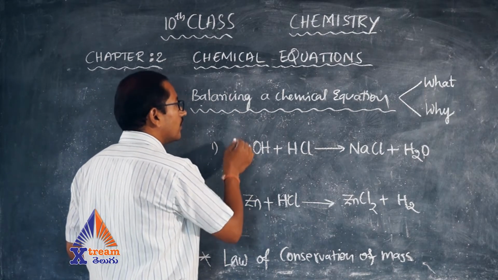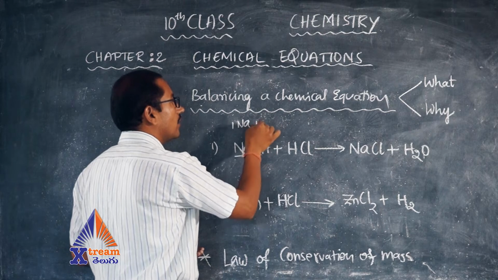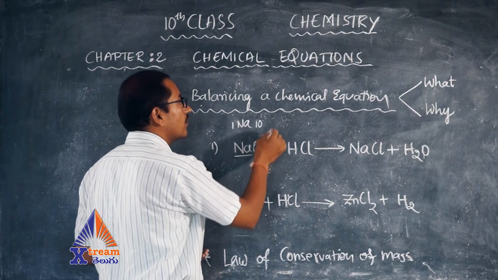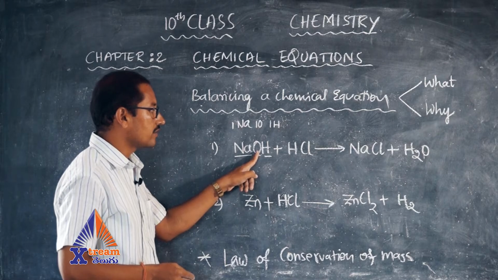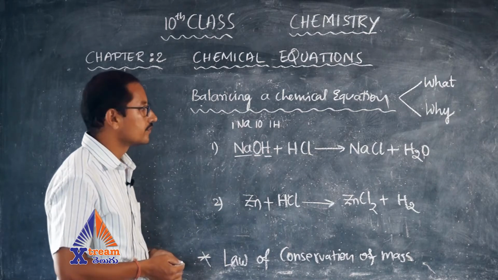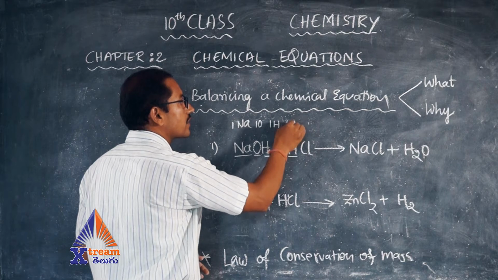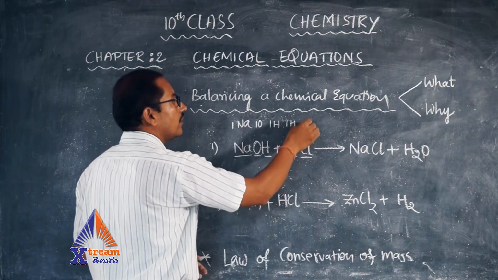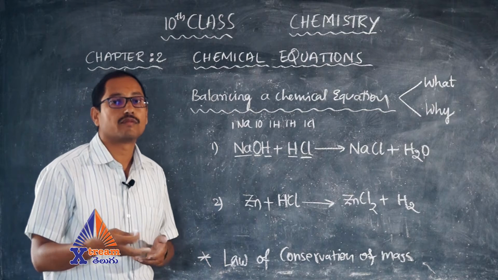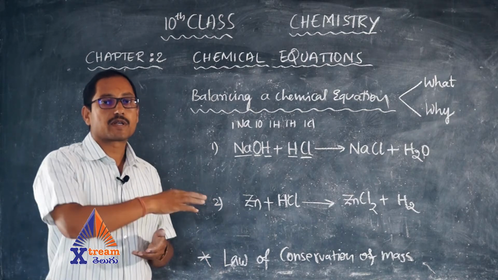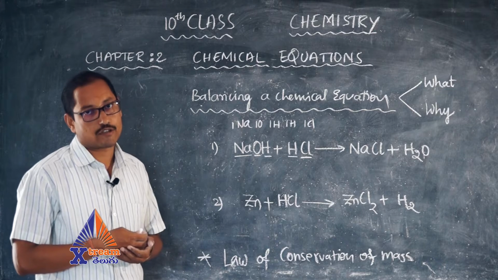Here, one sodium is there, one oxygen is there, one hydrogen is there. One sodium, one oxygen, one hydrogen. Here one more hydrogen is there, one chlorine is there. So this is how we count the number of elements or atoms present on the LHS side of a given chemical equation.